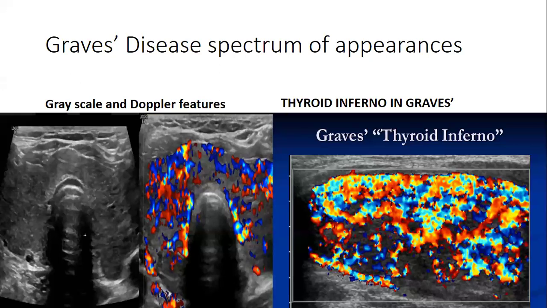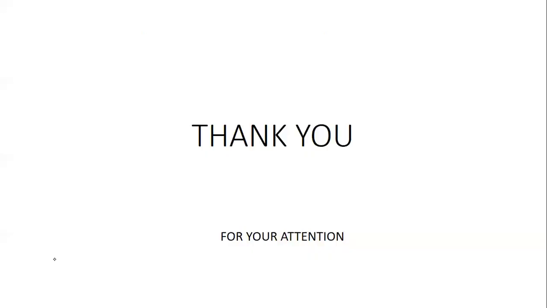You see this high vascularity on color Doppler interrogation. Otherwise, thank you so much. That's what I thought I should share with you colleagues. If there are any questions, any observations, any corrections, I think it's time for that. Thank you.